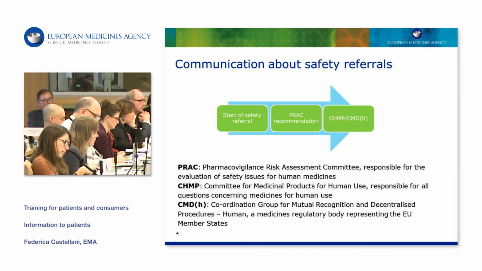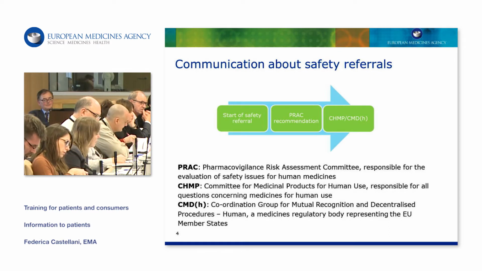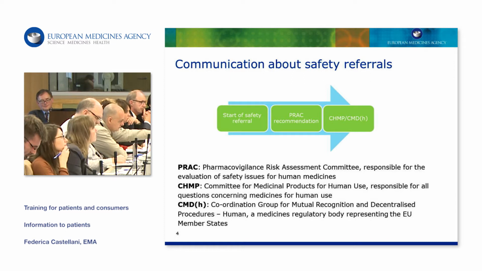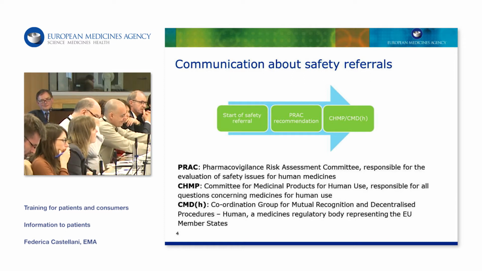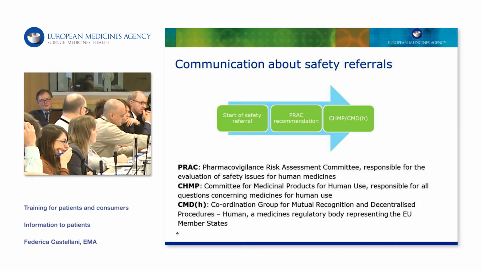So when the issue comes up, we will already tell the public that there is an issue and the agency is going to look at it. And this, for example, is in line with the publication of agendas of committee meetings. You can look at the agenda and see the topics that are actually going to be discussed. And when the referral is started, we'll also communicate this in a simple document, which is to inform you that the referral is started.